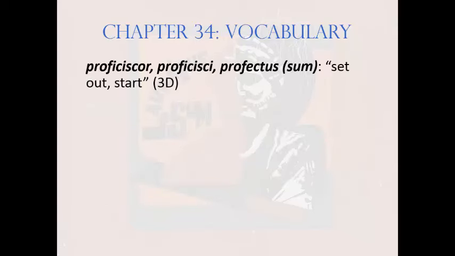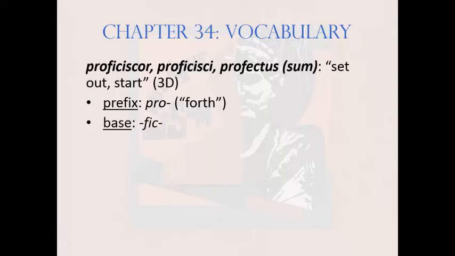Next up is a verb containing several interesting linguistic features. Proficiscor, proficisci, profectus sum, meaning set out or start. It's a third conjugation deponent verb. The first element in this verb is the prefix pro, meaning forth. The second is the base of the verb, fic, a vowel-gradated variant of fac, meaning make.